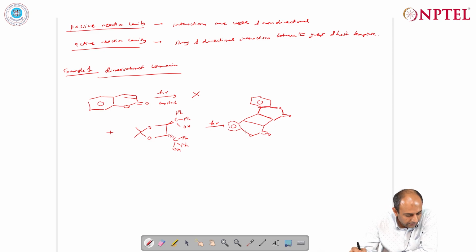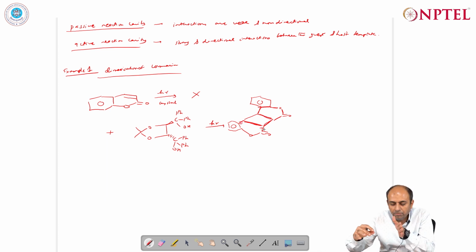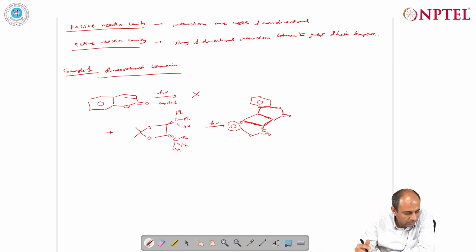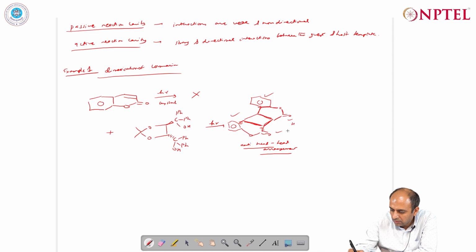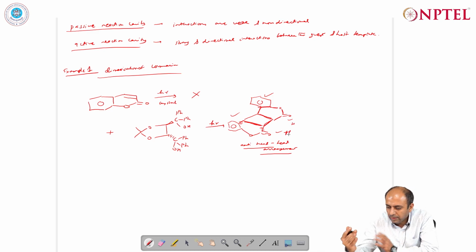So you see here that now this is the bottom part and this is the top part. So we have got now the anti head to head arrangement. So you see that these are anti to each other and the head parts, they interact and form the photodimer.